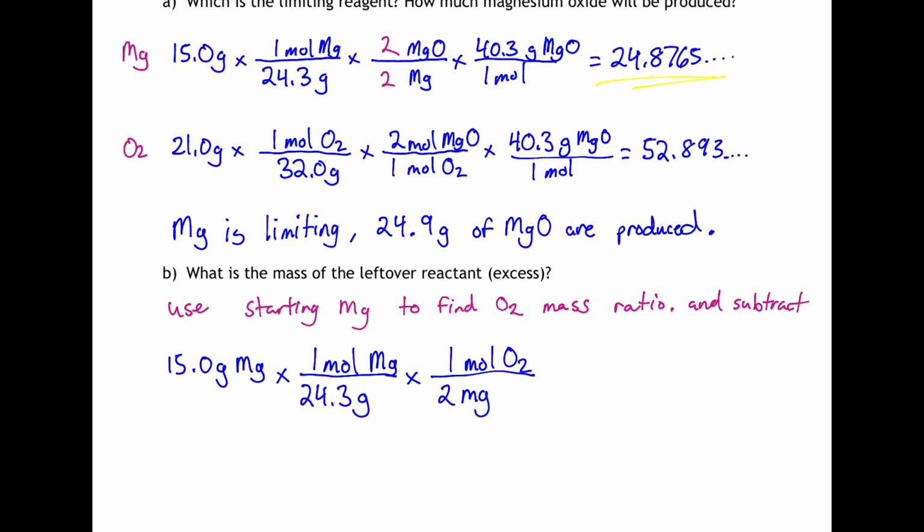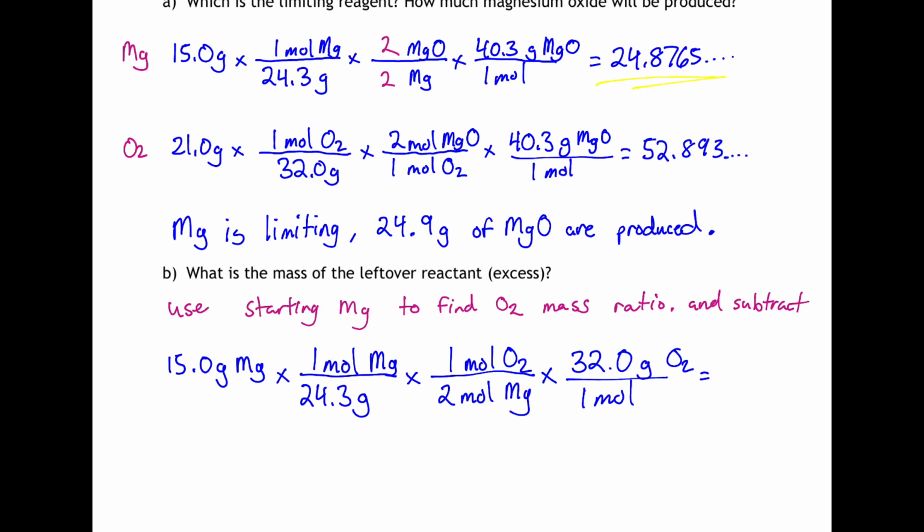That's not very nice. Let me clean that up a bit on the bottom. It's a mole, so let's just do that. Mole Mg. That looks better. And then at the end, we're going to use the 32 grams to figure out our mass of oxygen. And we can get how many grams of oxygen we expect to use up.